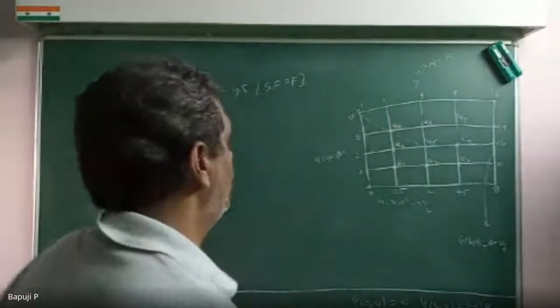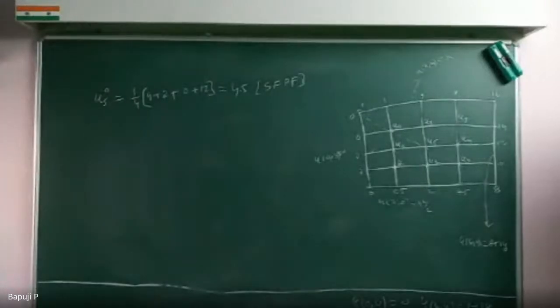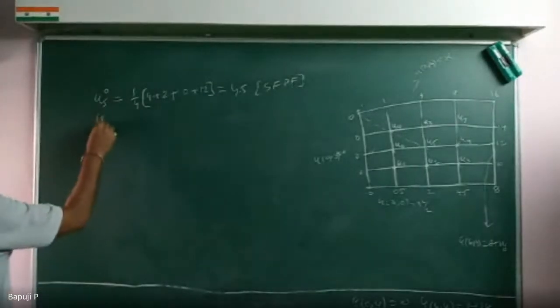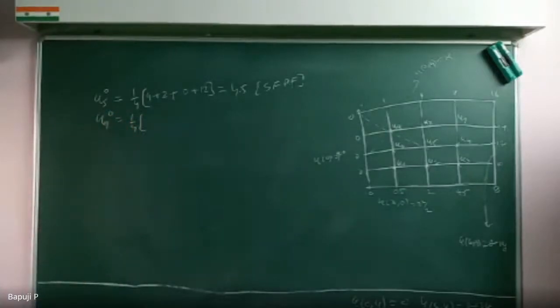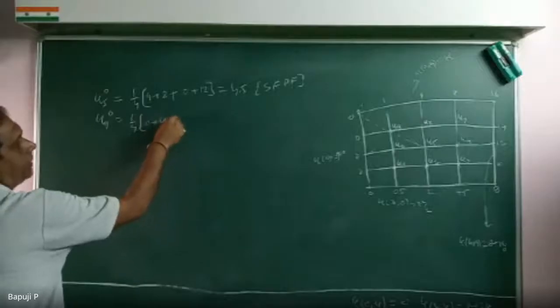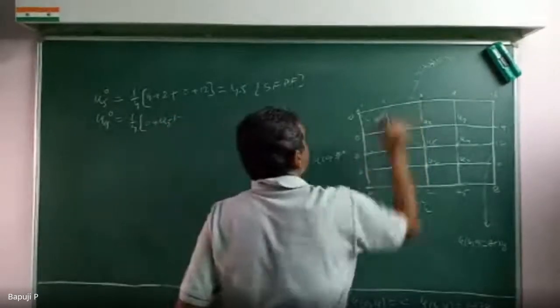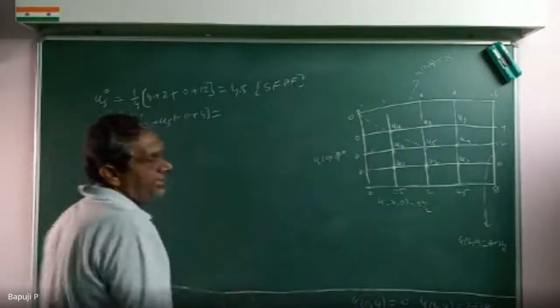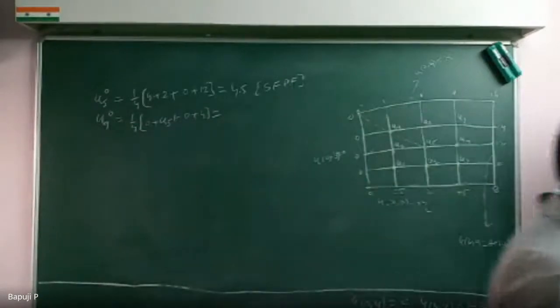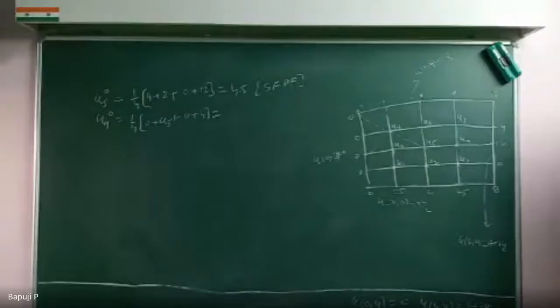Correct? Now, slowly what I will do, sir. u9 of 0 is equal to 1 by 4 of 0 plus u5, 0 plus 4, correct? But u5 is what? 4.5.